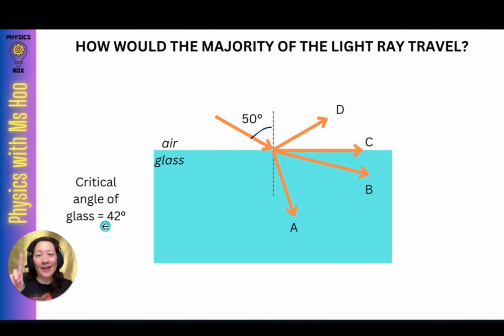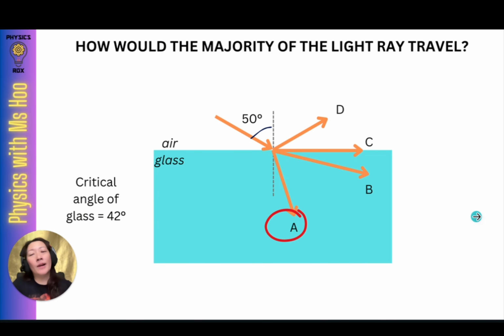So it looks like it fulfills that condition. But the second condition is that light rays must travel from higher to lower optical density. In this case though, it's traveling from air to glass, which is from lower to higher optical density. When light travels from air to glass, it's going to refract towards normal. So there will be no total internal reflection. Therefore, the answer to this question is A.